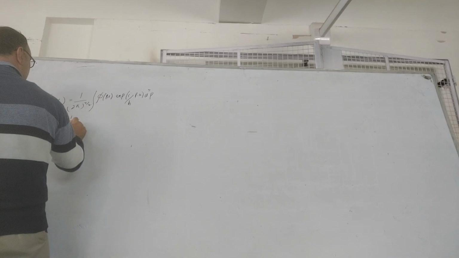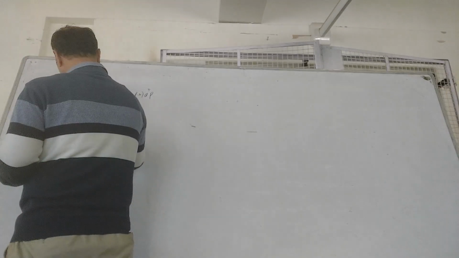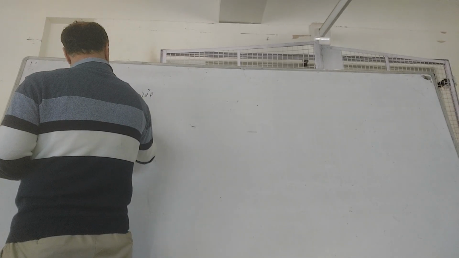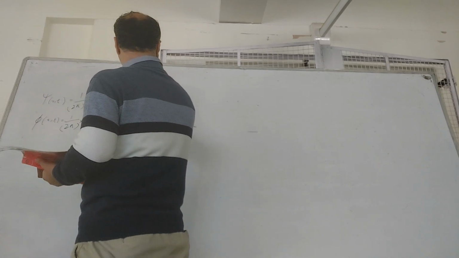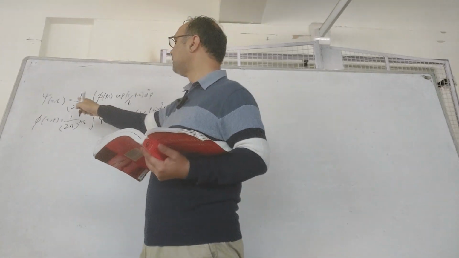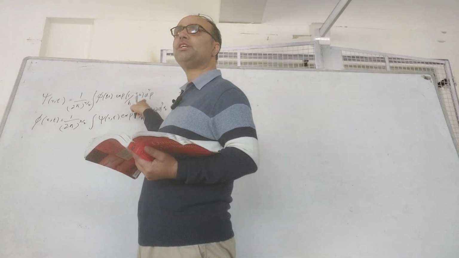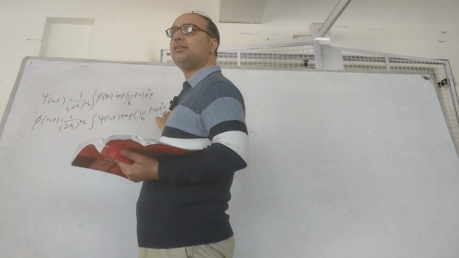This is position space, d3r. So you have psi of r,t. This is d3p, momentum space, phi of p,t.